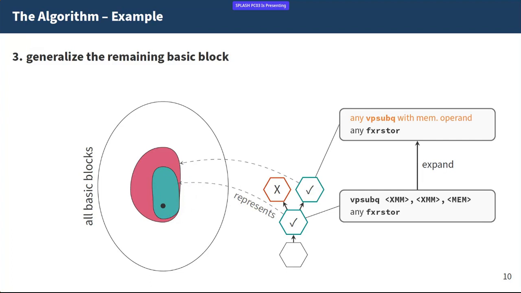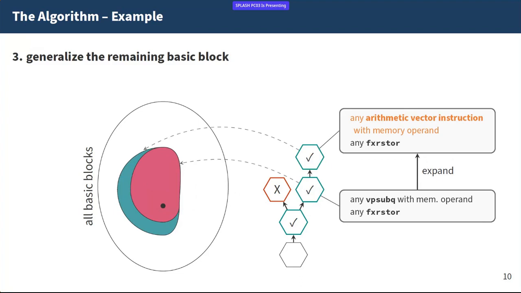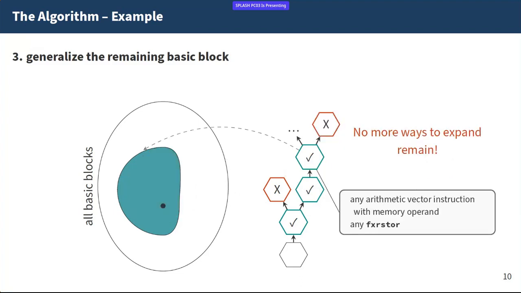If we, for example, remove the requirement of 128-bit width for these vector instructions, we get a still interesting abstract basic block, which we can then continue to generalize over and over again until at some point we come to the point where no more ways to expand the abstract block remain that we haven't explored before.